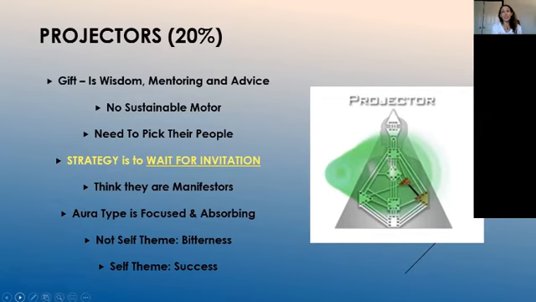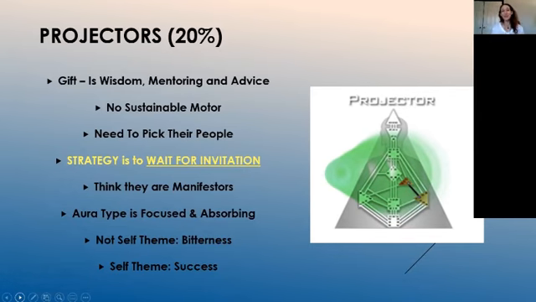And here's how you can sometimes spot a projector. A projector, when they don't know their gift and they don't know how to use their strategy and inner authority, tends to walk into a situation, or somebody will start talking to them, and they'll be the one telling everybody their opinion about how things would be. And if you listen to me, it would just be better.